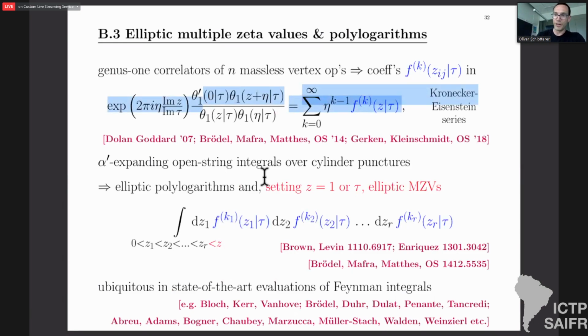So the elliptic polylogs built from that have been studied in mathematics, and it was a wonderful fit because on the string theory side, these Fks turned out to be the universal currency for correlators in genus 1 cases where you have vertex operators on the torus. So here the Fks were, say, the common fun gadget to both mathematicians and string theorists.